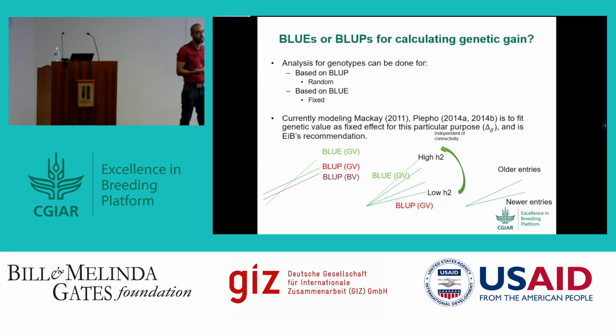Say entry 1 performs at 11 tons, another entry is 11.001 tons, and another is 11.002, because the heritability is so low and there is a lot of shrinkage, that is not the actual performance of the entry. It's not the genetic potential.